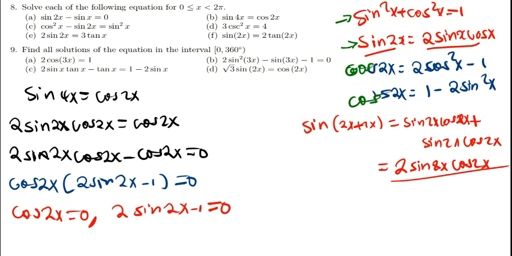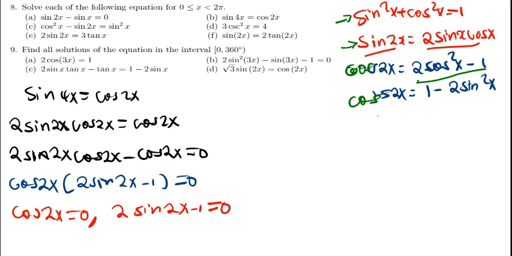So I'm going to replace it with this. Even if I replace it with this, I'll end up having the same answer. So I'm going to replace it. Allow me to get rid of this part. I'm going to replace this with 2 cos squared minus 1 is equal to 0. Shift 1 to the other side.